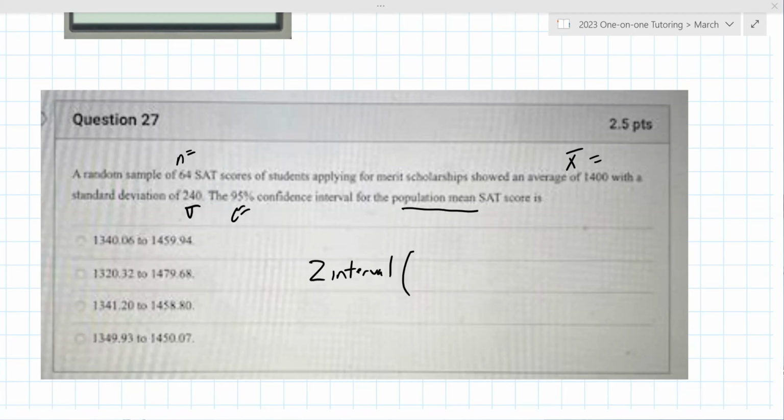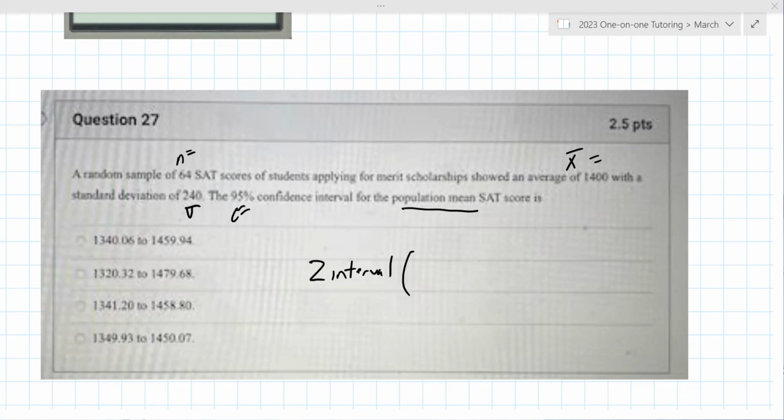My C level, and then calculate. All right, so good news is that it is not a t-test, it is a z-interval.